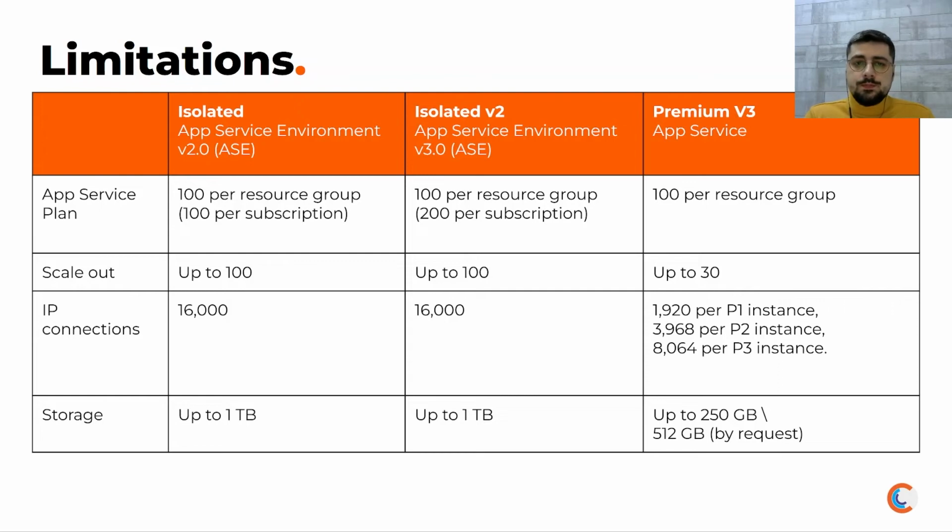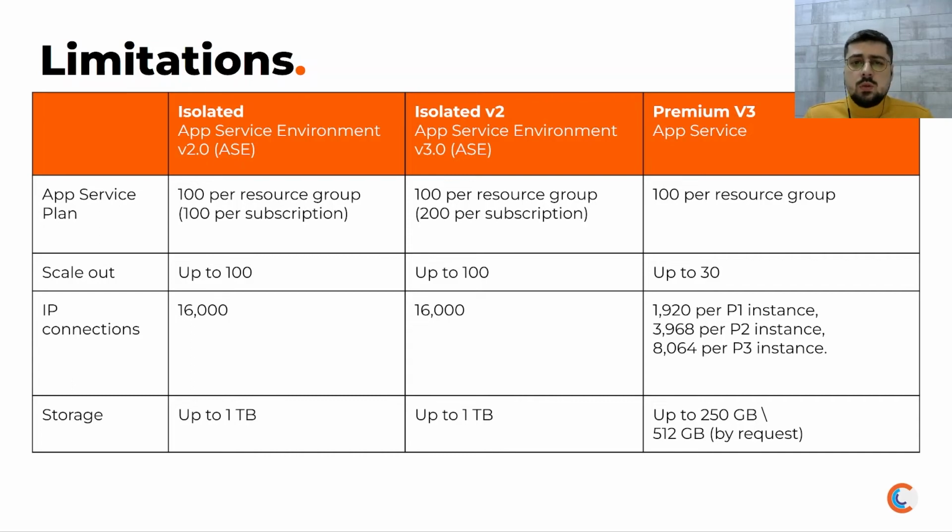Also, one of the not public limitations related to the ability of your application to serve high RPS is the number of IP connections. ASE v2 and v3 are covered by 16,000 connections, and Premium v3, based on the instance size, handles only up to 8,000, on the biggest instance size.